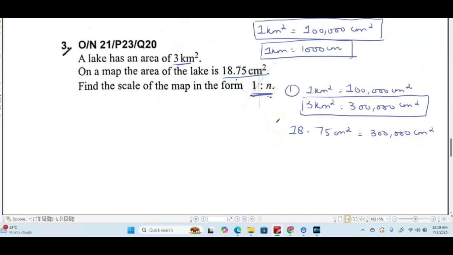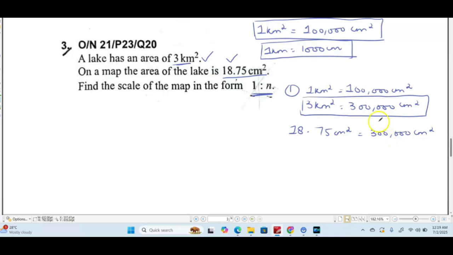If you remember, earlier we did the same thing: the scale given on the map, 1 centimeter is equal to 240,000 centimeters. So we needed both these two quantities in centimeter squares. We've converted this. We know that 18.75 on the map is equal to 300,000 centimeter squares in reality.